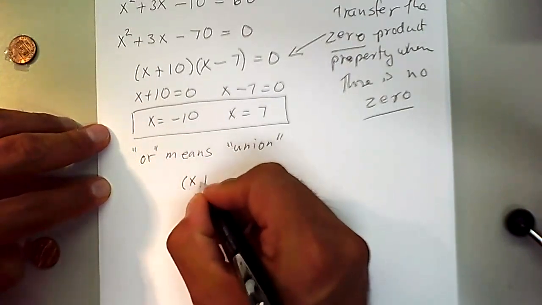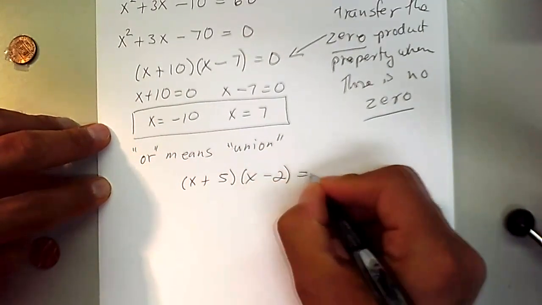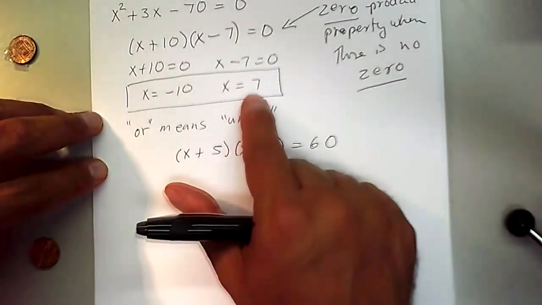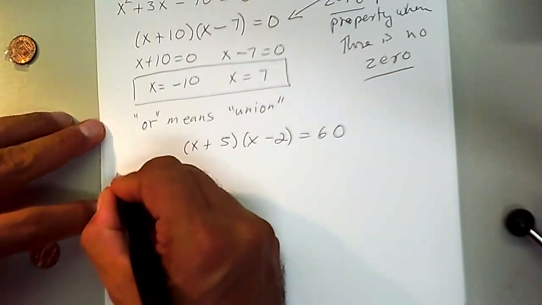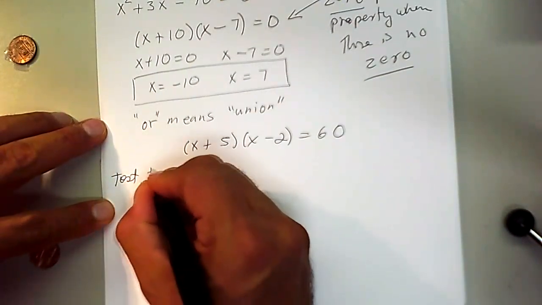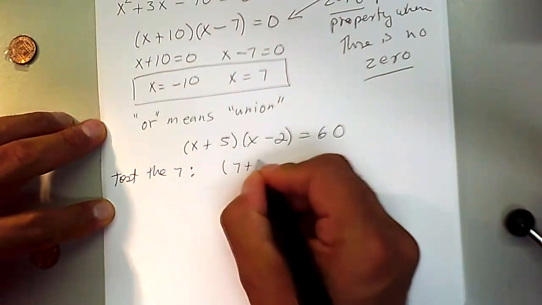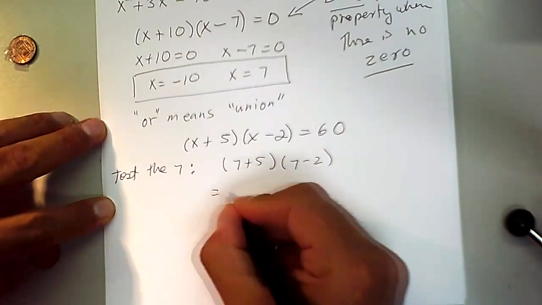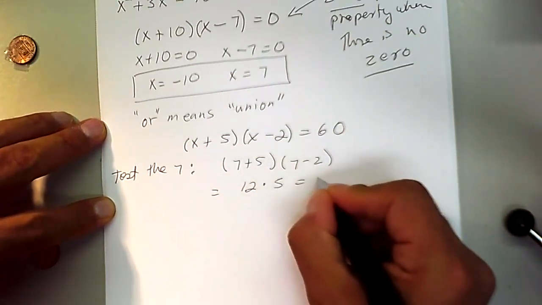We got x plus 5, x minus 2 equals 60. And we claim that those two are the solutions. Why? Because let's test the 7. If we put 7 plus 5 and 7 minus 2, that is going to be 12 times 5, which indeed is 60.